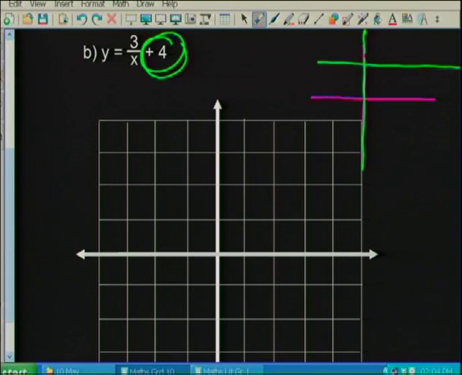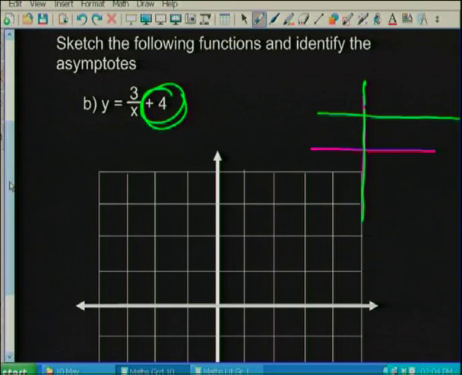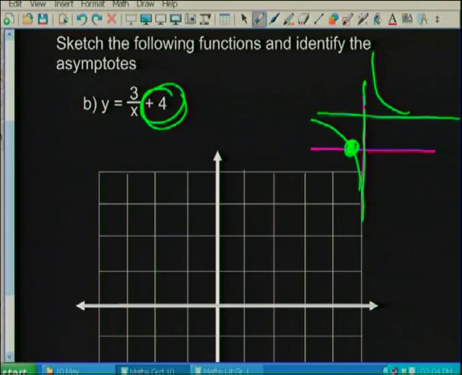My a value is positive. So therefore, my graph lies in the first and the third quadrant. And something else important I need to see here is that my graph will intersect the x-axis, so I will need to find the value of that x-intercept.